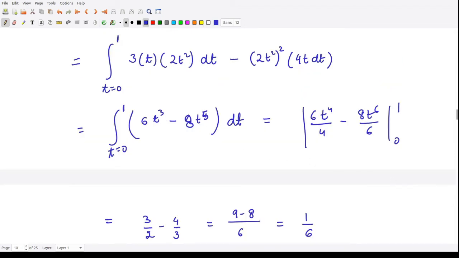I caught a mistake here. Actually 4 by 3 would become 8 by 6, so the numerator would be 9 minus 8... correcting, 8 by 3 is 16 by 6, so this quantity would be 9 minus 16, and your final answer would be minus 7 by 6. So this is the answer.